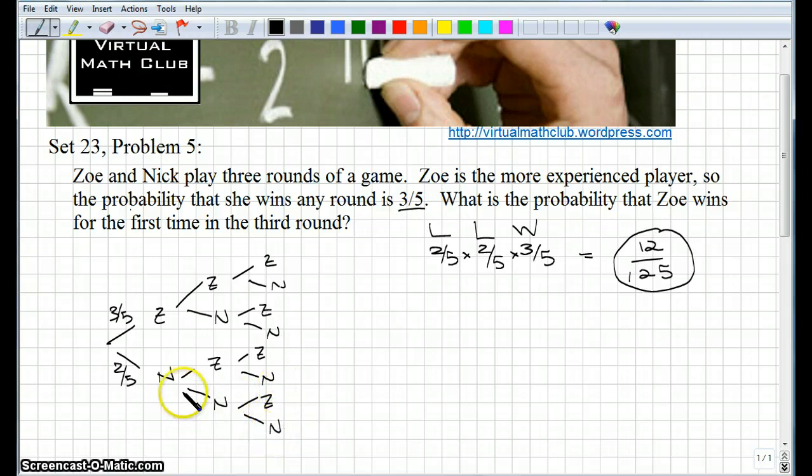Okay? And the path that we're interested in is Nick winning the first round, Nick winning the second round, and then finally Zoe winning. That's the probability that we're looking for. So there's a 2/5 chance that Nick wins the first, 2/5 that he wins the second, and then 3/5 that Zoe wins the third. Okay? And that gives us our desired outcome.